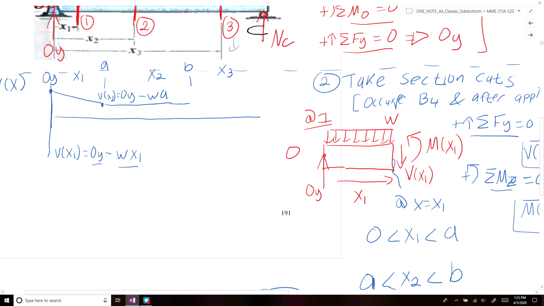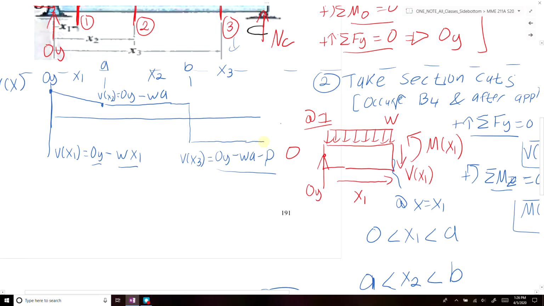All right. And then at point B, we transition to the third region, which we know that V of x3 is equal to O of y minus WA minus P. All right, so all of these are constants as well. We solve for that down below during our third section cut.